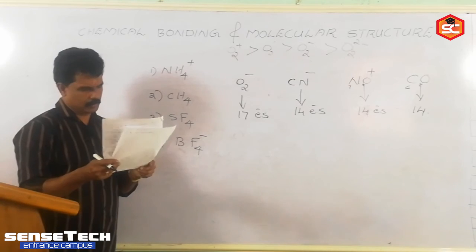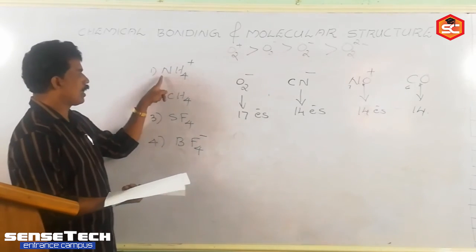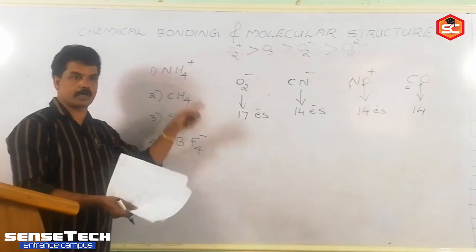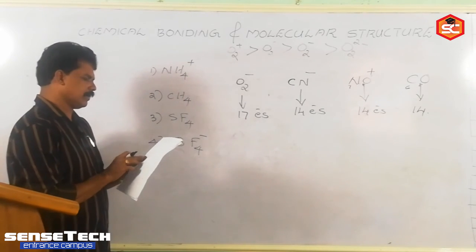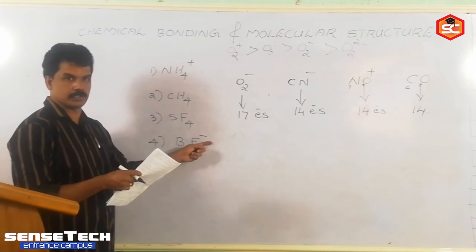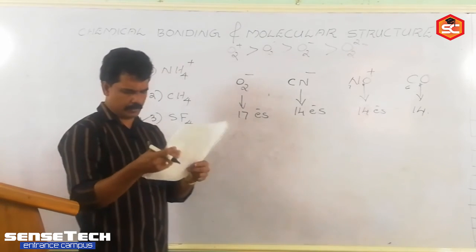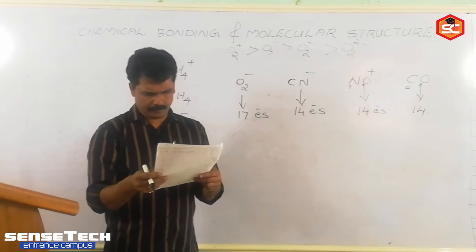NH4 plus is sp3. CH4 we already studied, sp3. Then SF4 is sp3d. Then BF4 minus is sp3. So the answer is SF4, not in sp3 hybridization.